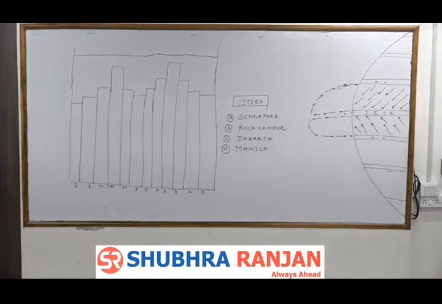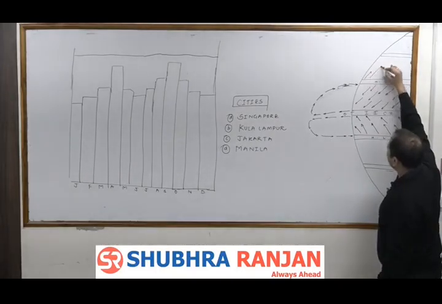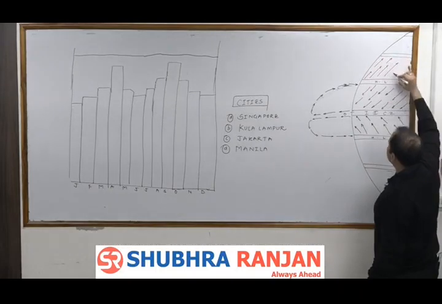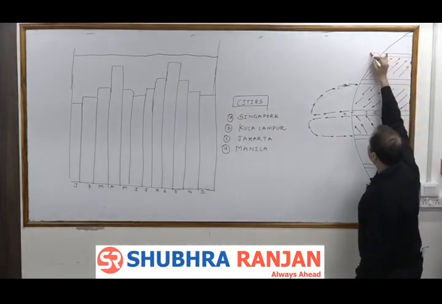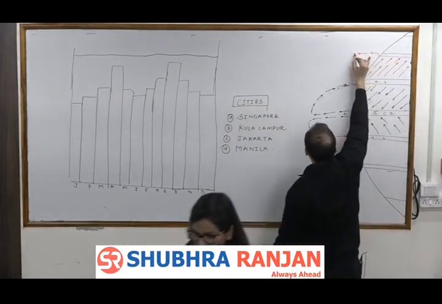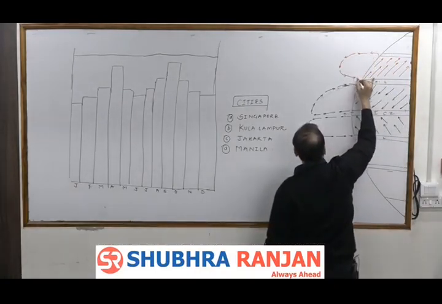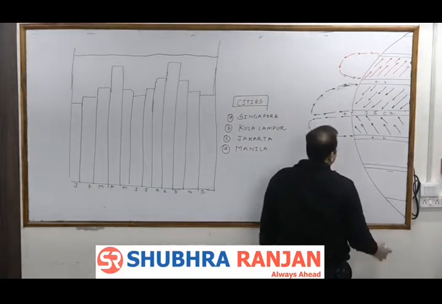Similarly, we have another winds which are known as westerlies, which will go here from the high pressure belt, and after reaching this high pressure belt, these winds will be forced to rise up. After rising upwards, they will come back to their original position and settle down here on the ground. This is the ground, this is the upper atmosphere. Same.